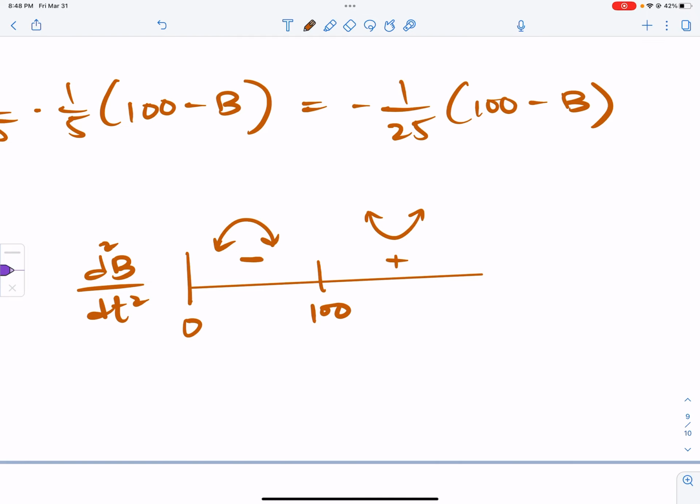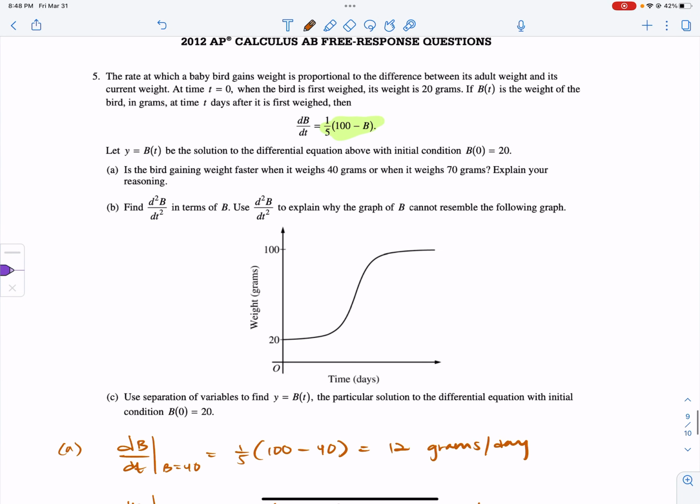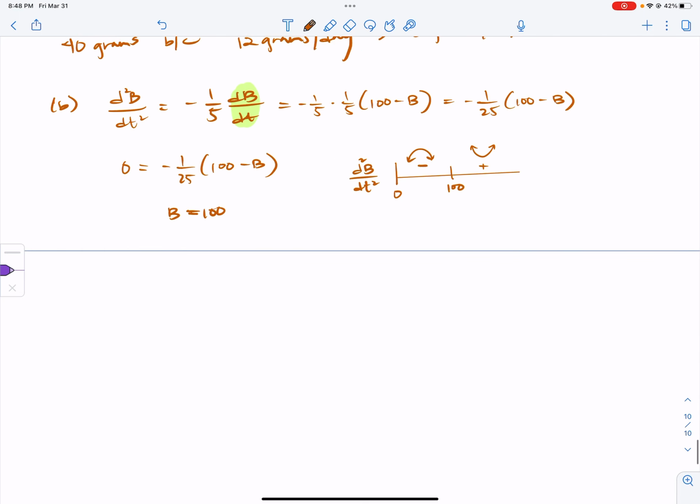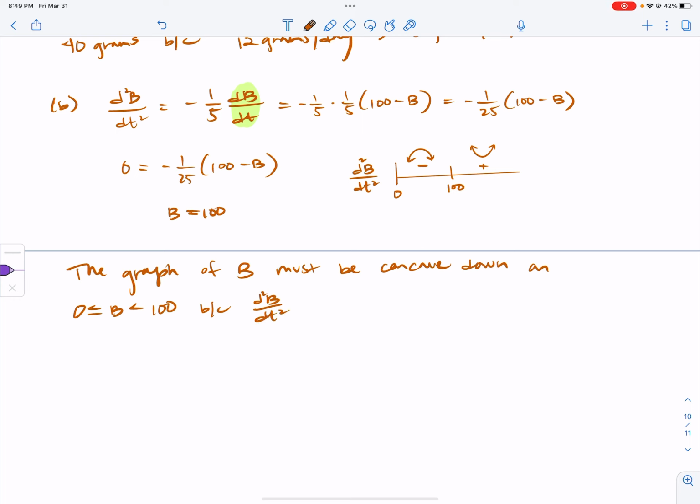Okay, so for our explanation, we could say the graph of B must be concave down on the interval from 0 to 100, because the second derivative is less than 0 on this interval.